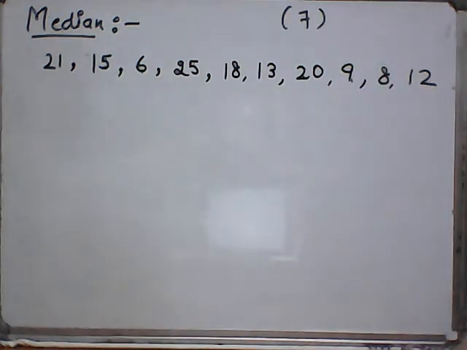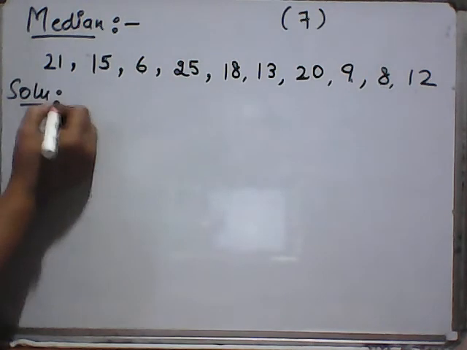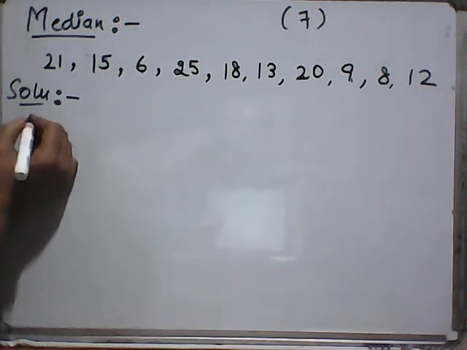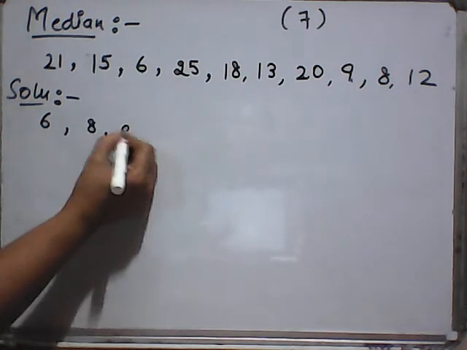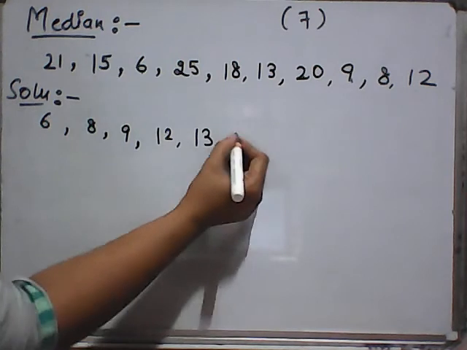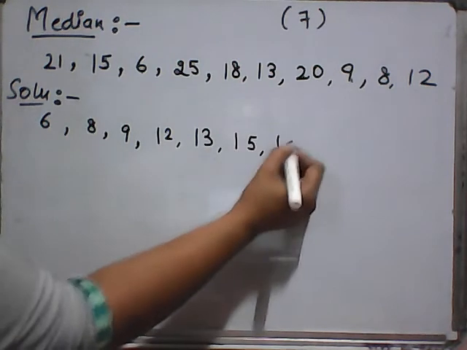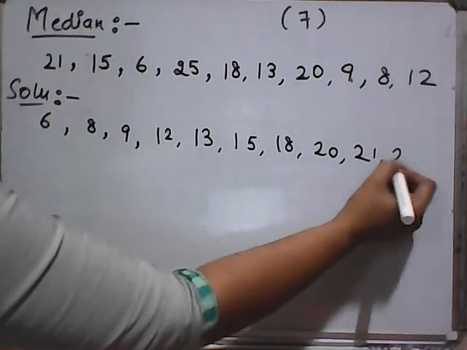These are 10, which means an even number of observations. First step is to arrange data in ascending order: 6, 8, 9, 12, 13, 15, 18, 20, 21 and 25.